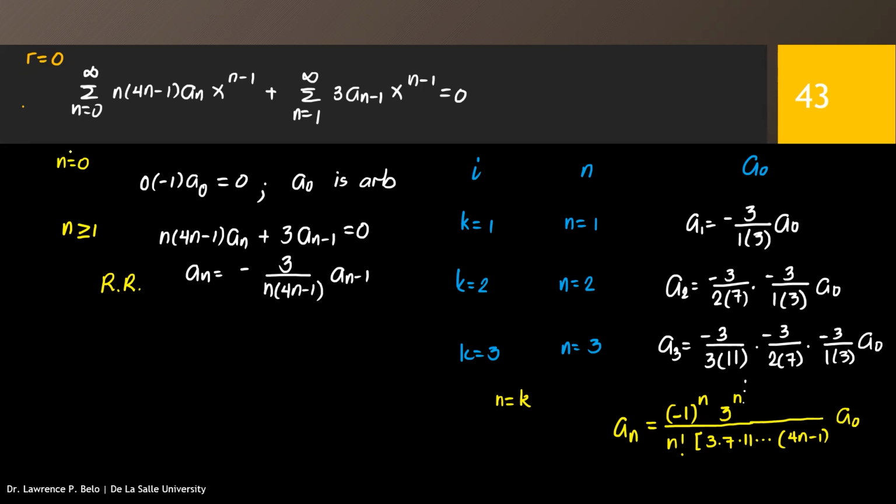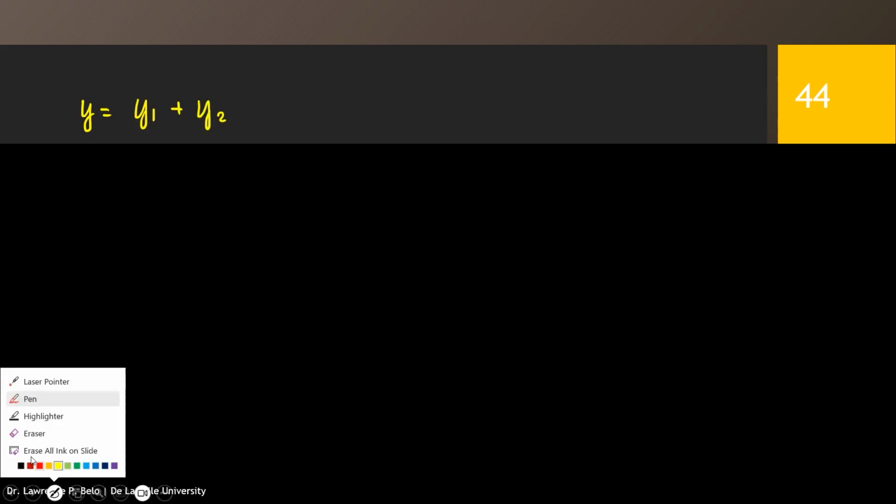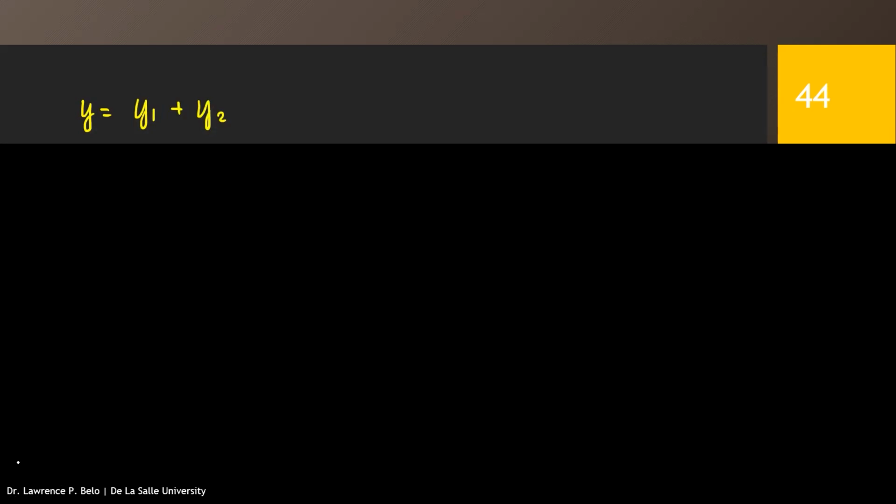So here, we can say that y is y sub 1 plus y sub 2. Why y sub 1 plus y sub 2? Because take note, there are, again, two terms. This one is for initial equation root 0. Here, initial equation root 1/4.